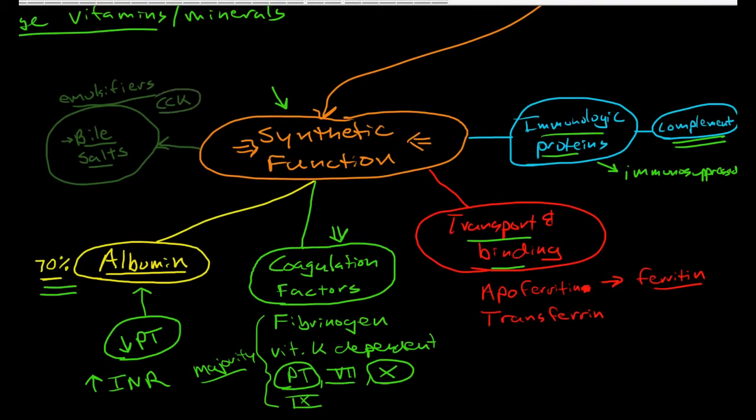And the cholecystokinin obviously is a hormone that is secreted when there is high fat concentration in the small bowel.